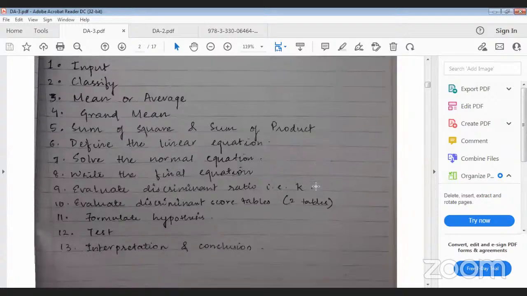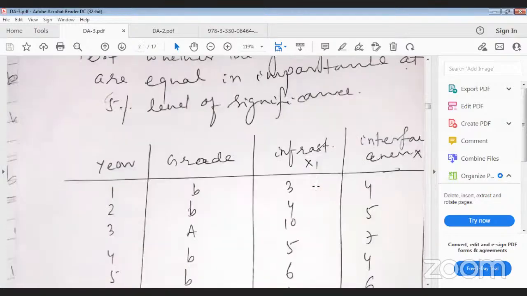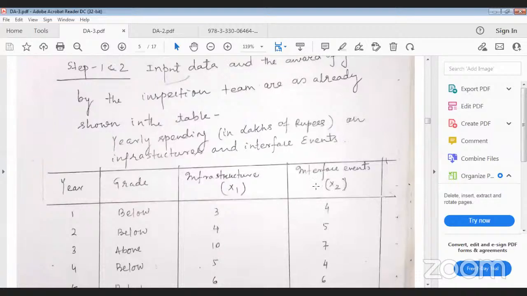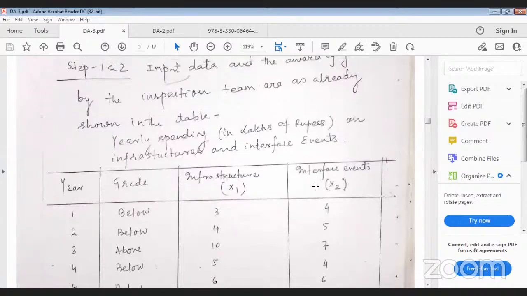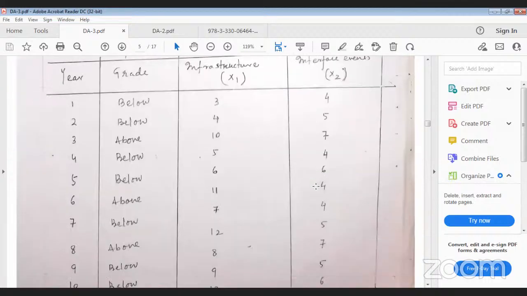Input and classify. Now you have to go for the solution and write the input data, and then go for classification. Here B written means below grade, A means above grade.